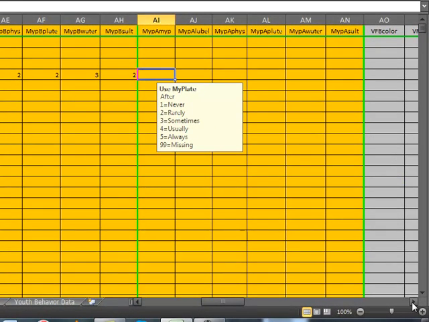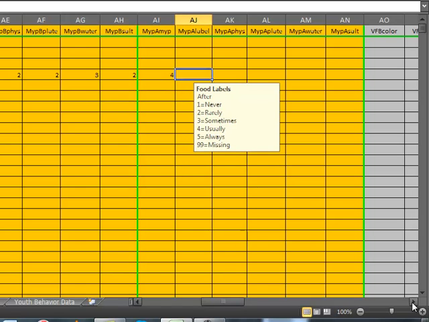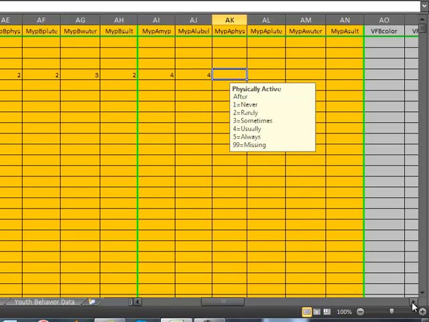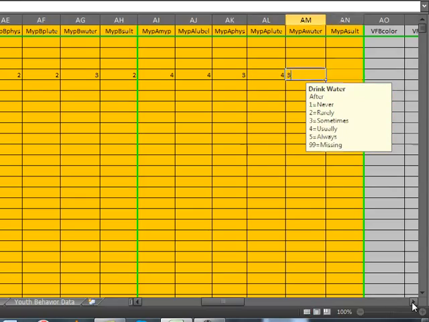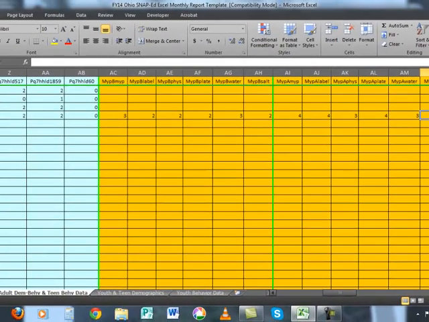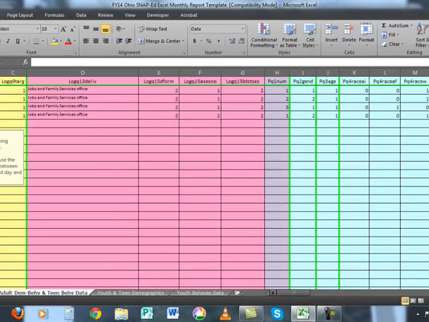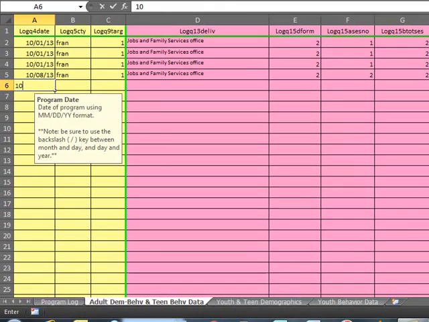And then the after data for this person, she indicated a 4 for using MyPlate, a 4 for reading labels, 3 for physical activity, 4 for using a smaller plate, 3 for drinking water, and 4 for reading labels for salt or sodium content. And so now I've entered the first person's retrospective questionnaire, and we'll move on to the second person's.